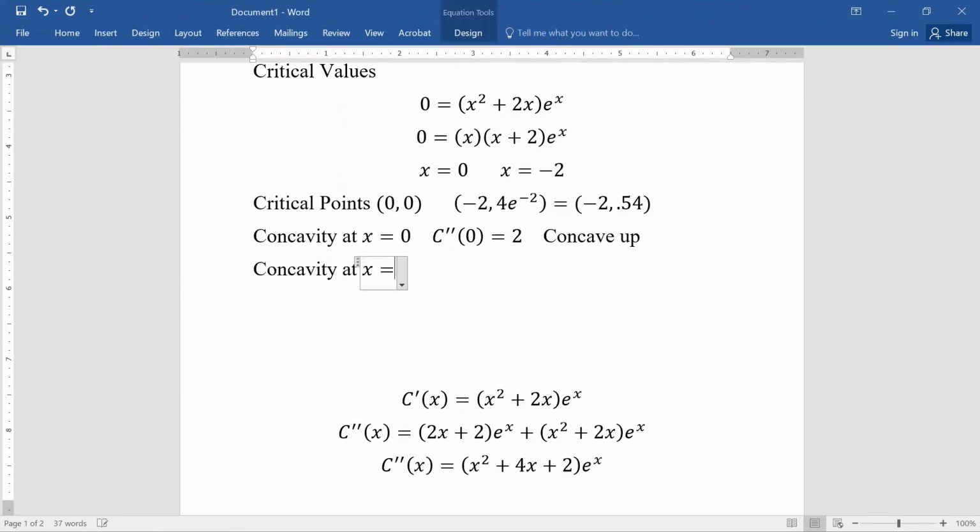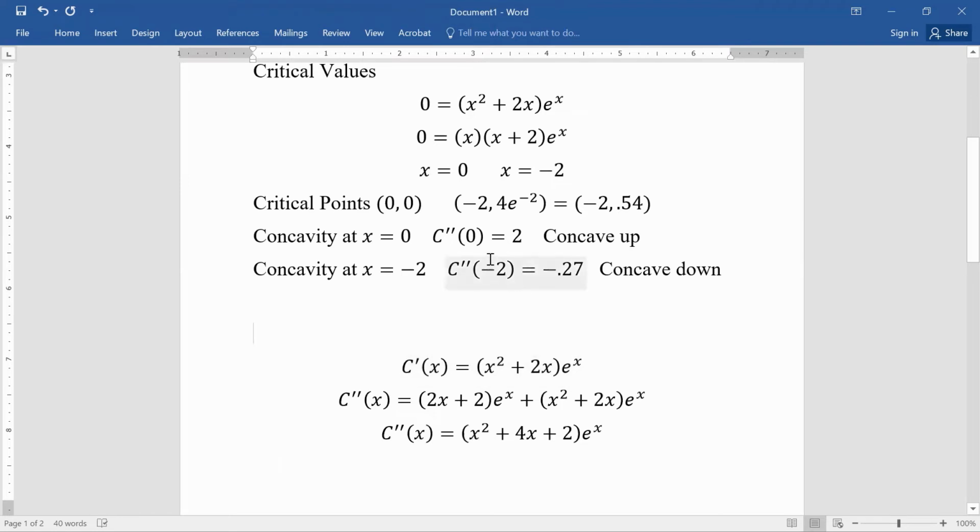At the critical value of -2, if I plug that in to my second derivative, -2 squared plus 4 times -2 plus 2, that's -2 times e to the -2. The only thing that really matters is that it's negative, but it's about -0.27. We're concave down there.